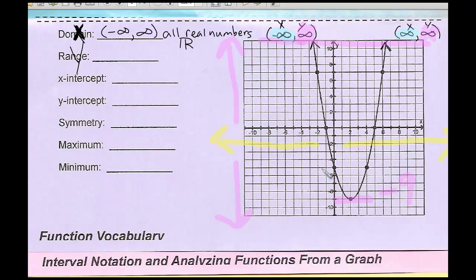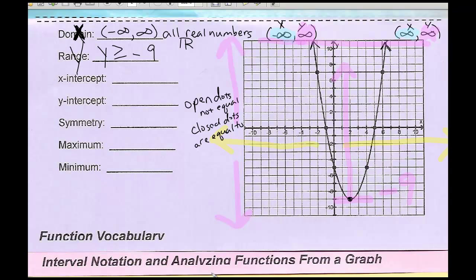So the range is all the values greater than negative 9 because the graph is going up, and it's greater than or equal to -9 because this is a solid dot. Remember, open dots are not equal to, and closed dots are equal to.